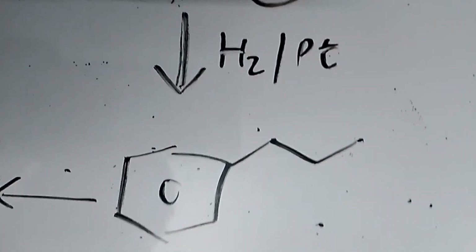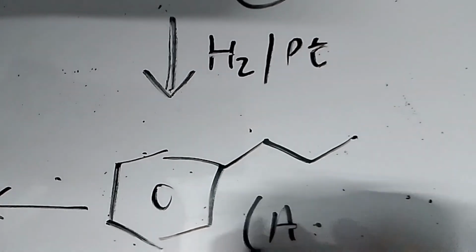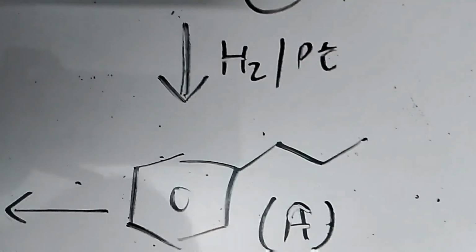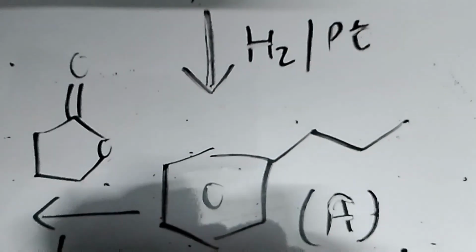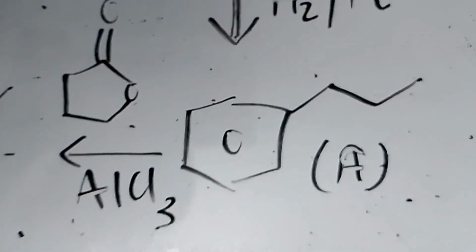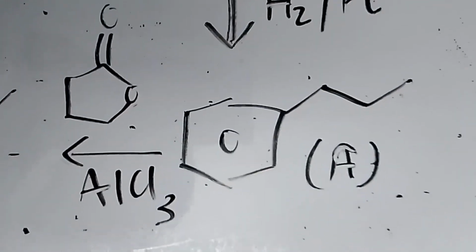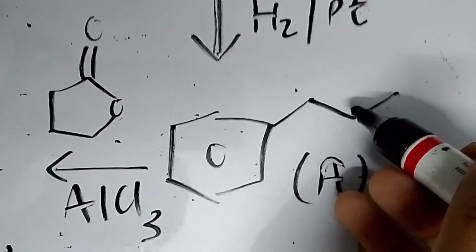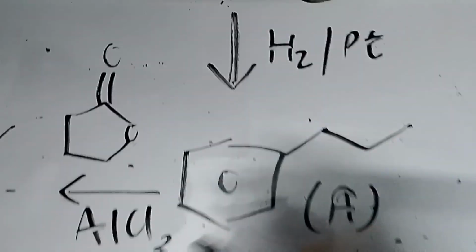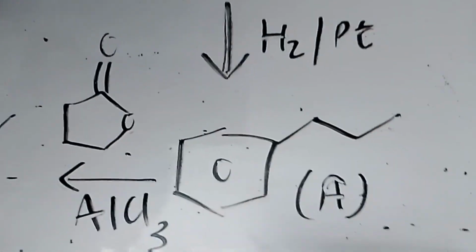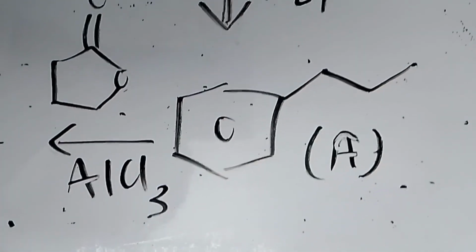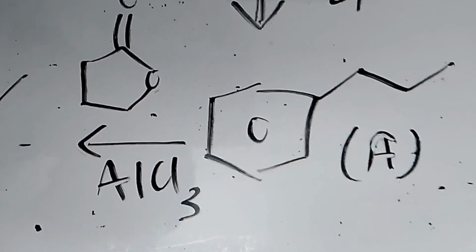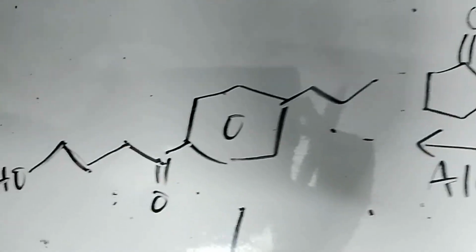So we get this product, substrate A, and this A is further reacted with something like this in AlCl3, so we get acylation at the para position, because this is an alkyl group, it is ortho-para directing, and para is the least hindered position. So para would be the major product, and we are only taking the major products in the process. So let's take the para product, and we get something like this.